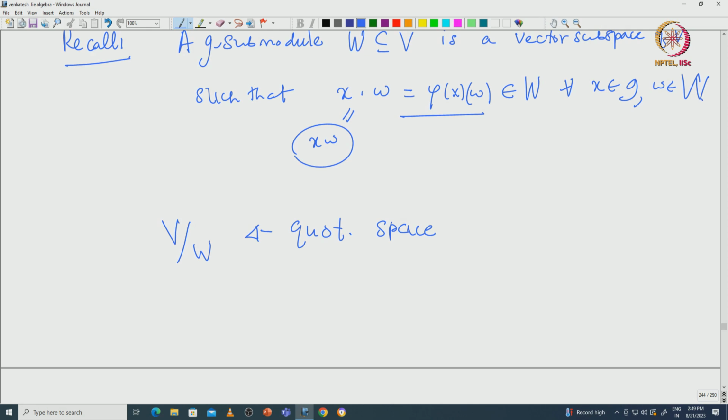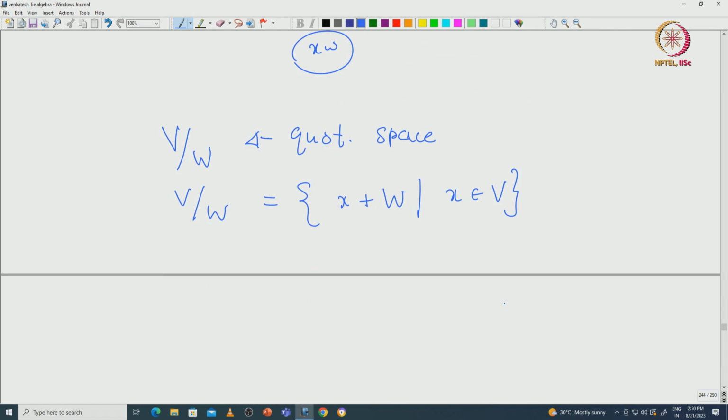In terms of elements, these are all the cosets defined using this W. You take all translations x plus W where x is coming from V. That is your quotient space.